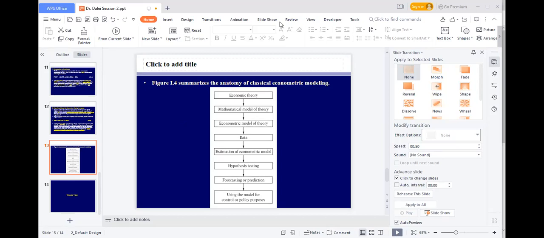Okay, fine. First of all, this is econometrics, so the basic textbook for this subject is Basic Econometrics by Damodar Gujarati. You can note it down. I'll also mail you the details.